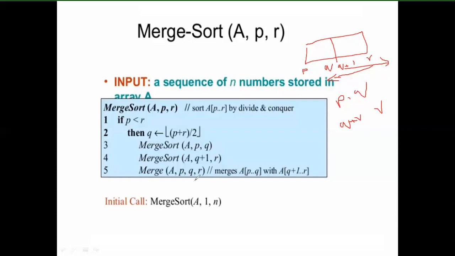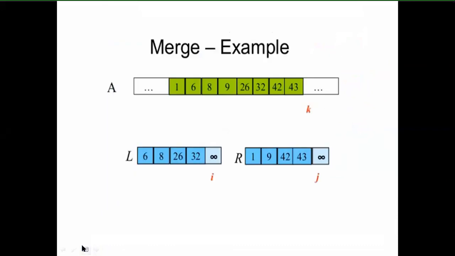Okay, then we perform merge. So dividing by 2, P to Q is the left part and Q plus 1 to R is the right part. Then we perform the merge operation. Clear? So this is for the partition purpose using divide and conquer.